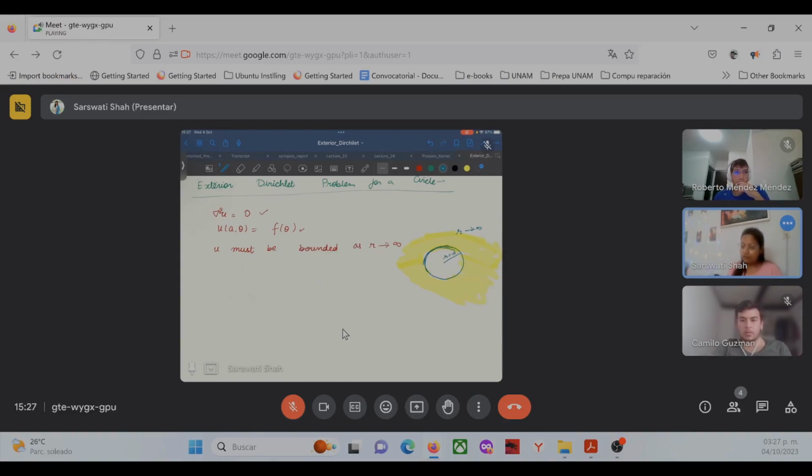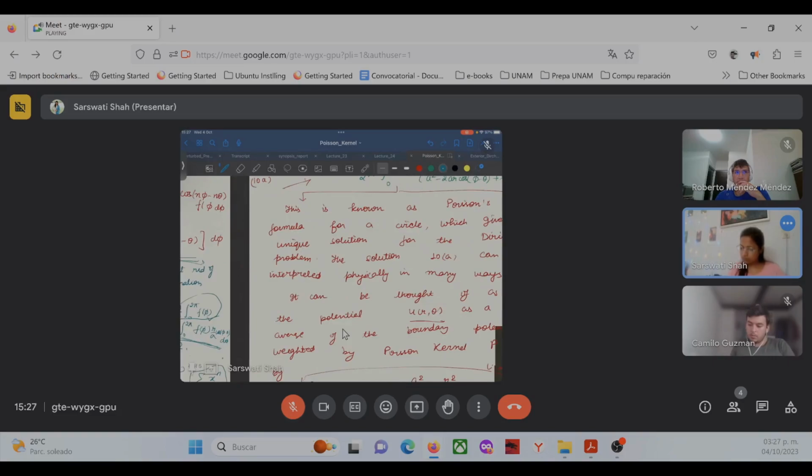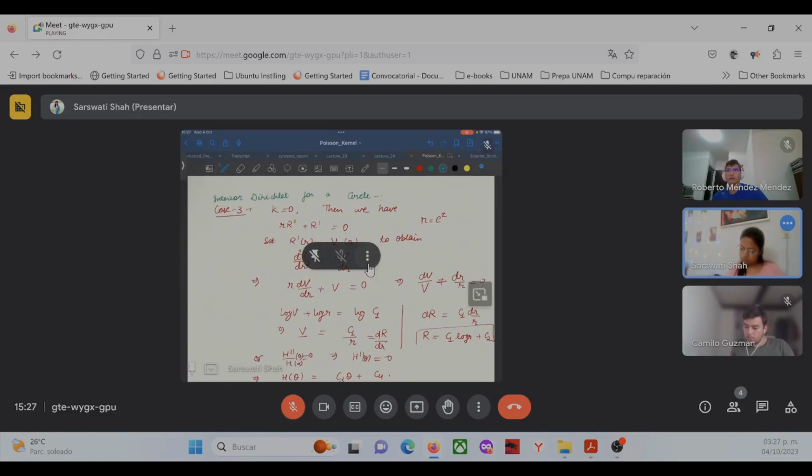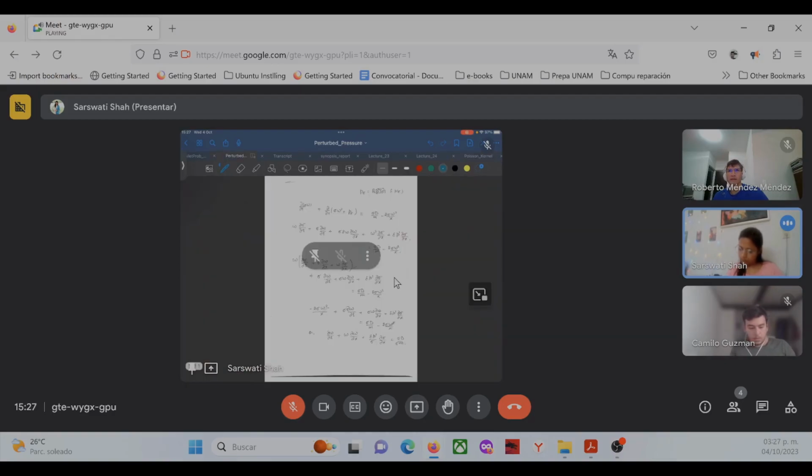Now to write the solution, what we did, firstly we write the Laplacian.